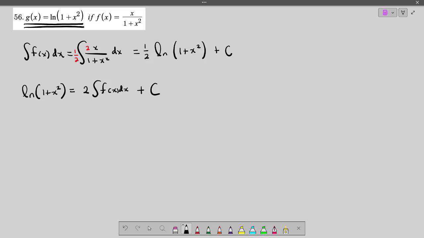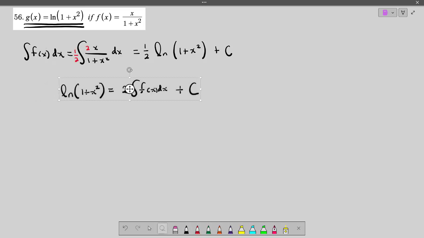So now we have written the function g. Let me just move this over a little so I can put g in front of this. Now we have a roadmap to get to g from f. In order to build a power series for this function g, we're going to take our power series for f, integrate it, multiply it by 2, and add a constant.